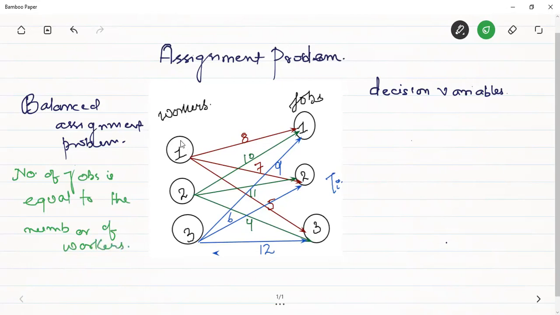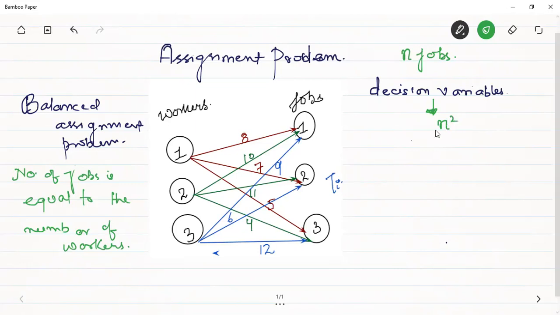If we have n workers and n jobs, then we can say that the assignment problem is balanced. Suppose I have n jobs, then the decision variables will be equal to n square, because we will get a 3 cross 3 cost matrix having 9 elements, and therefore the decision variables will be equal to n square.